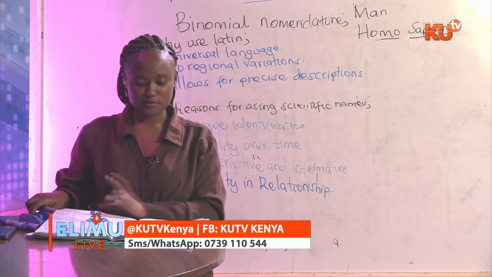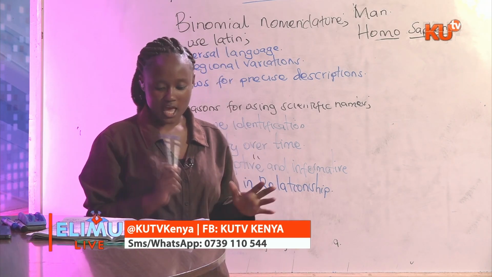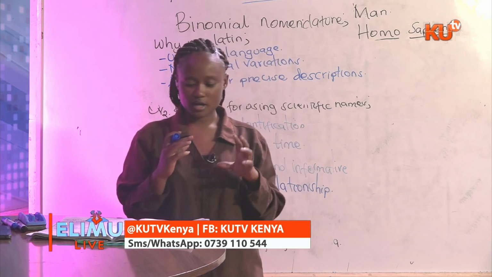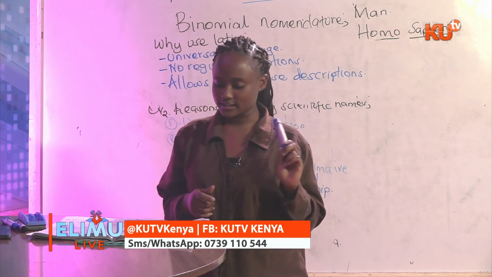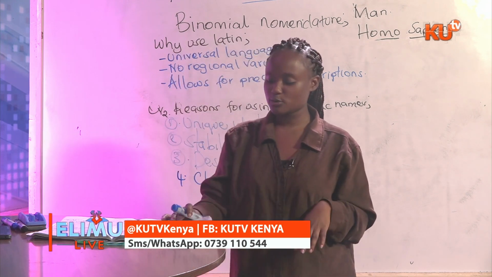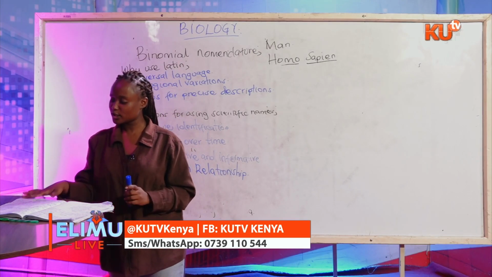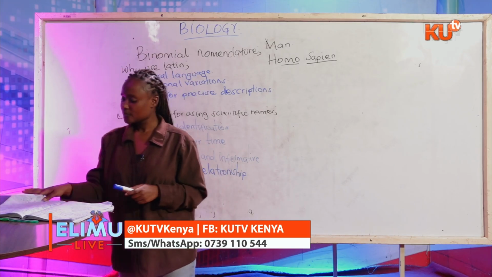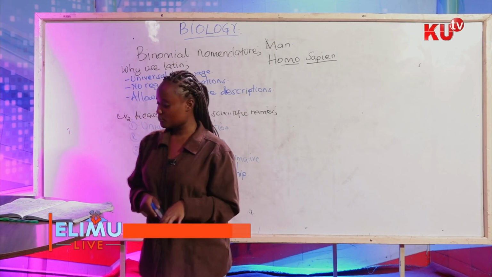And today we have talked about the introduction to classification, and we have talked about major units of classification. We have terminology, that is taxonomy, and taxa or taxon, which is singular. Then we had the taxonomic groups, species, and kingdoms, and we have talked about binomial nomenclature and its importance.